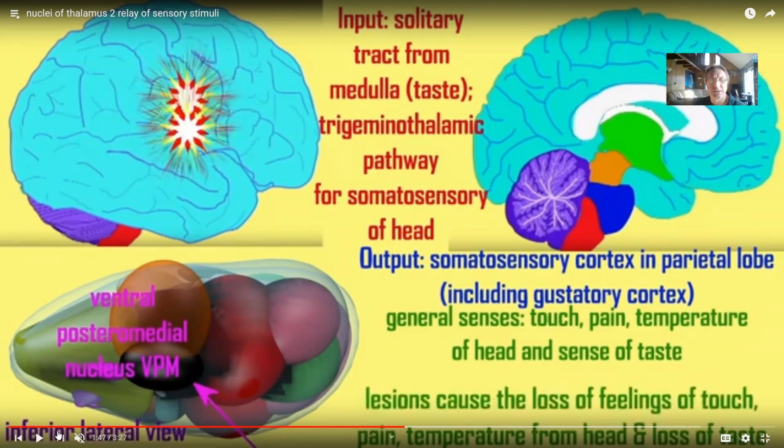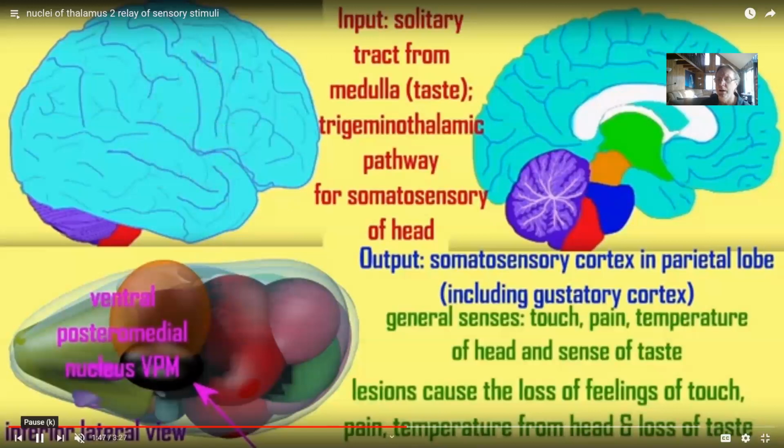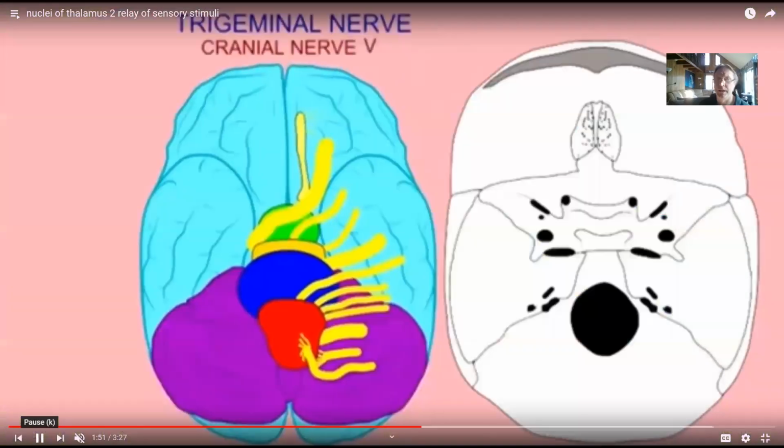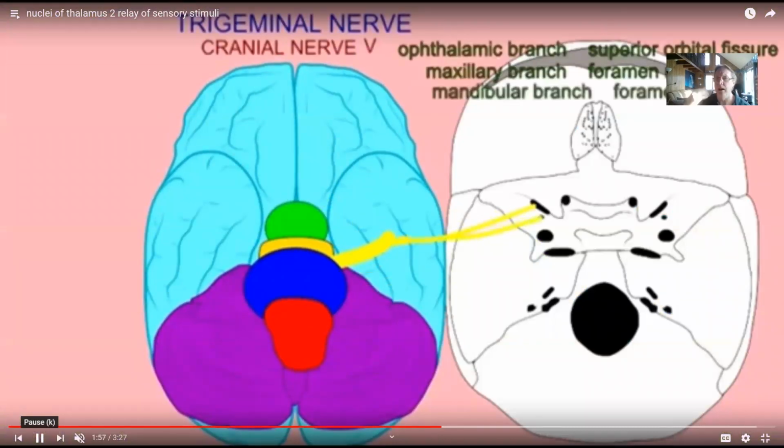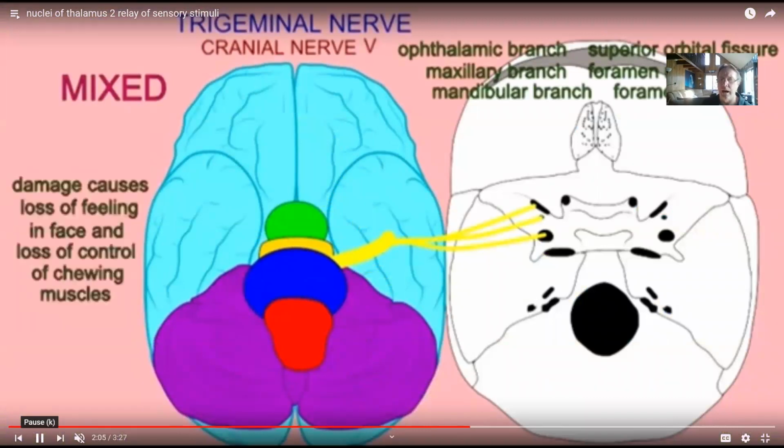Notice that one nucleus was dealing with touch and general senses from the body. Another nucleus is getting this information from the head, and is also receiving information about taste. All right, and so when I go through cranial nerves, I will go through the trigeminal nerve, for example, which is allowing us to feel our face.